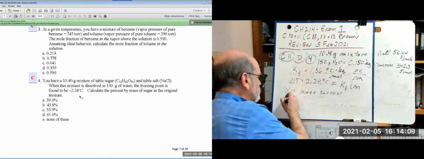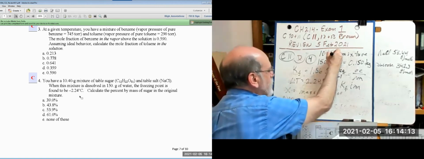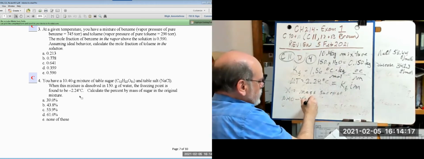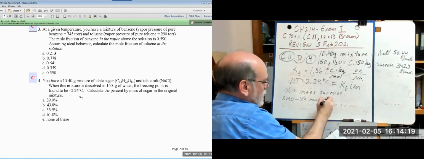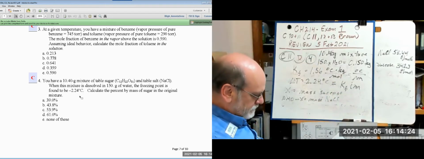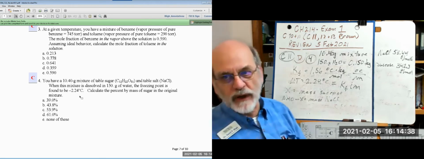So that means 10.40, minus X equals the mass of sodium chloride. All right. Okay, here's another important point.